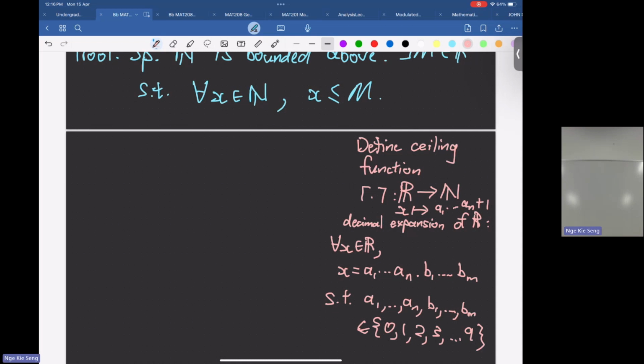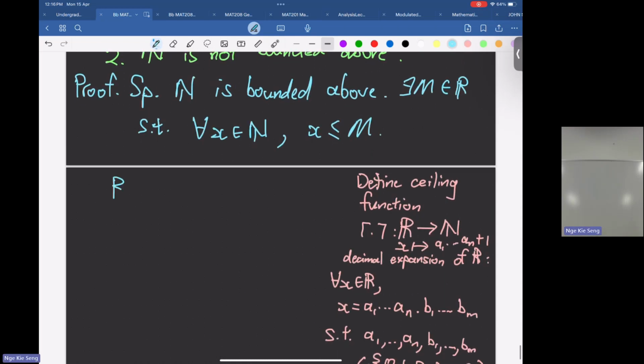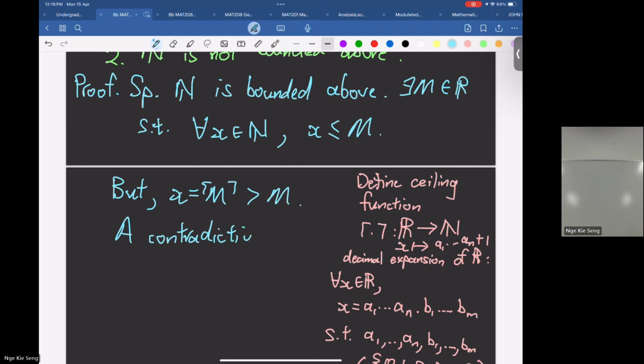So the claim is, if we take x equals the ceiling of m, then the ceiling is greater than m. So a contradiction. And later we will use a cleaner way to do it.